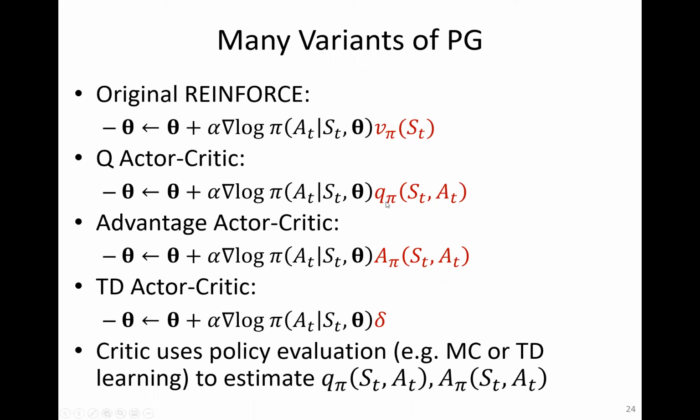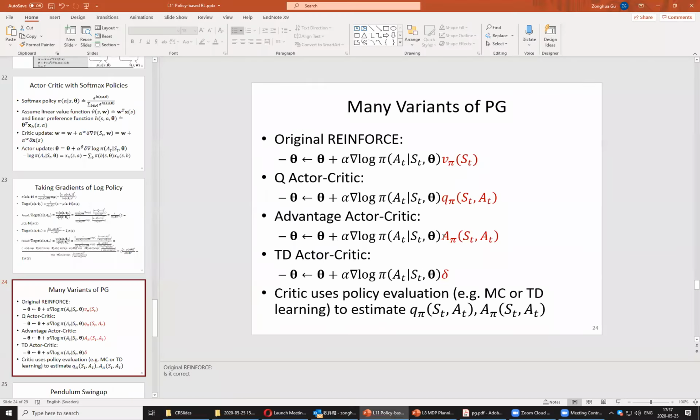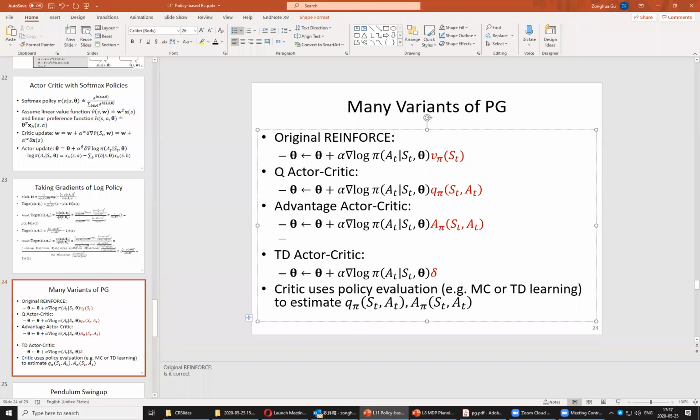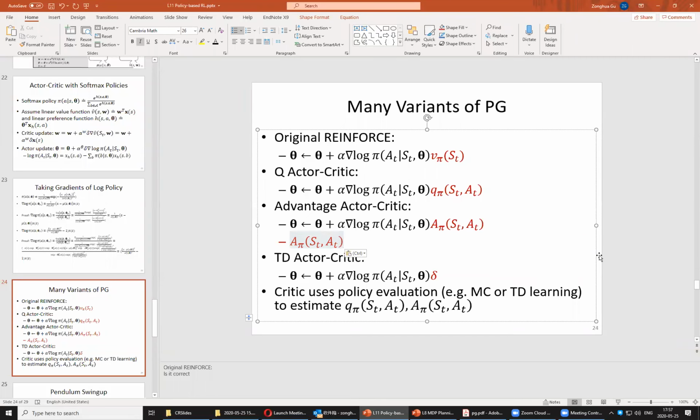Actually, I think what we saw before was the advantage actor-critic, which is Q pi minus the value.